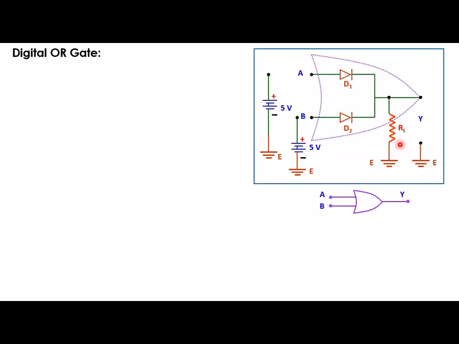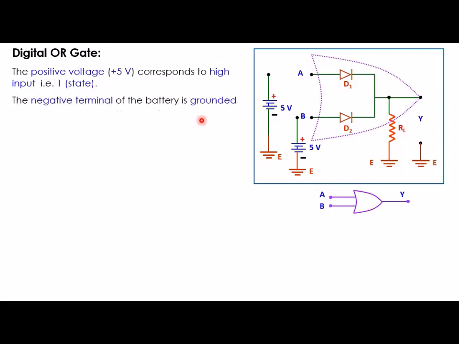Now the symbol for this circuit is this one, and this is the logic circuit or electronic circuit to realize OR logical operations. The positive voltage plus 5 volt corresponds to input 1 or high state, and the negative terminal of the battery is grounded, and hence it corresponds to low input or 0 state.